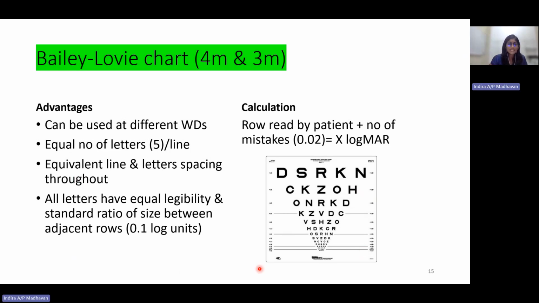All letters have equal legibility and a standard ratio of size between adjacent rows. That means this row is 1.0 LogMAR, then 0.9, 0.8, 0.7, 0.6, 0.5, so it differs by 0.1 log units.